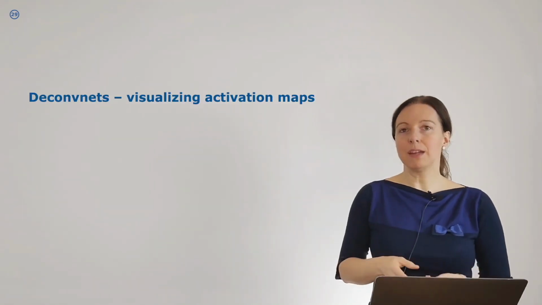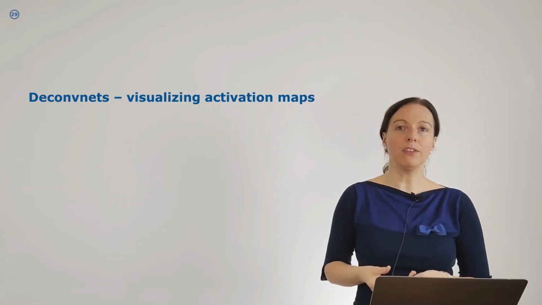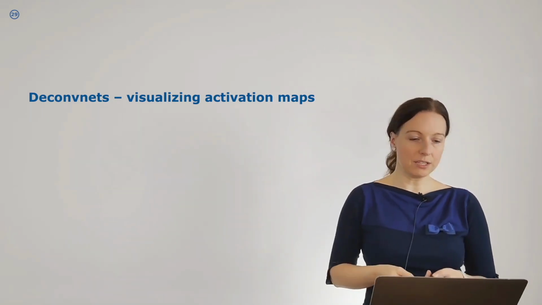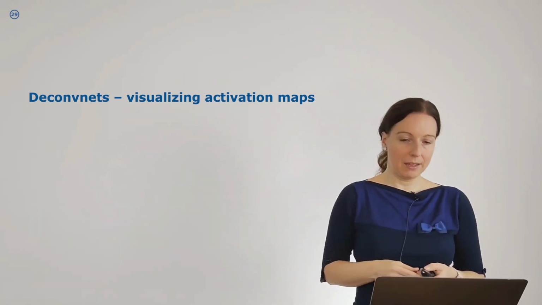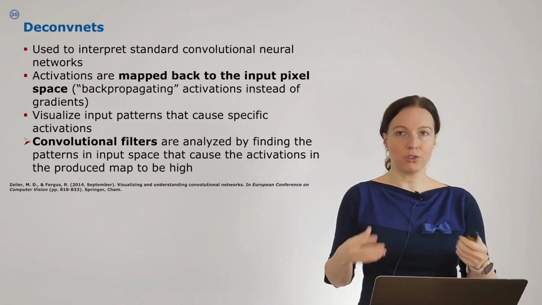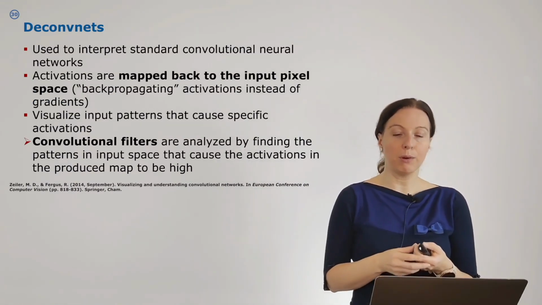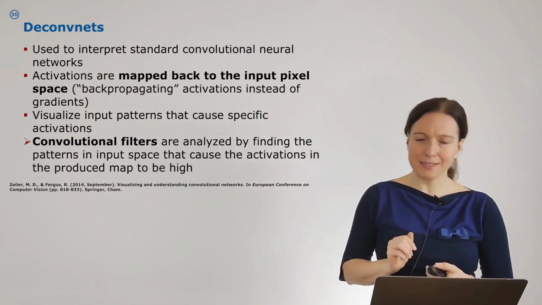So in the next part of the lecture, I want to talk about Deconvnets. Deconvnets are a simple visualization technique to visualize activation maps. Deconvolutional neural networks, or Deconvnets for short, were proposed by Zeiler et al. already a few years ago.